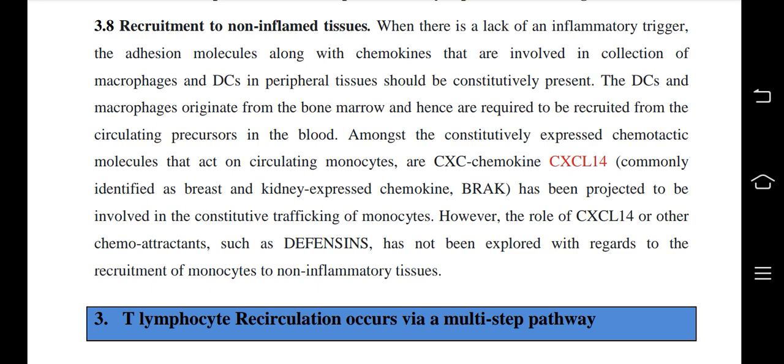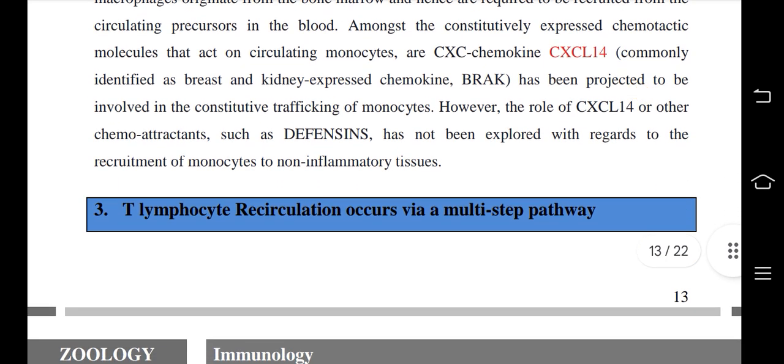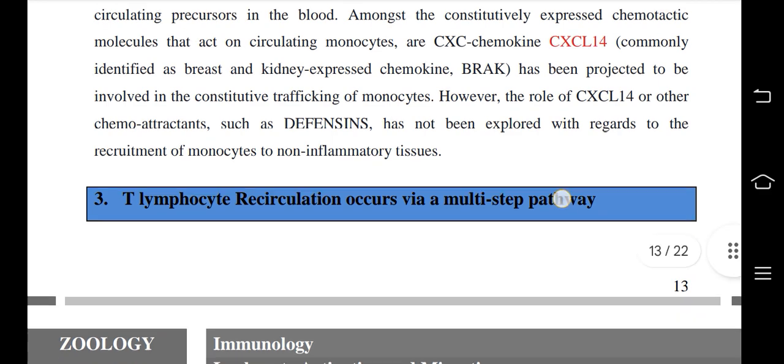Among these, the constitutively expressed chemotactic molecule that acts on circulating monocytes is a CXC chemokine, commonly identified as breast and kidney expressed chemokine, BRAK, which has been proposed to be involved in the constitutive trafficking of monocytes. However, the role of CXCL14 or other chemoattractants such as defensins has not been explored with regard to the recruitment of monocytes to non-inflammatory tissue.